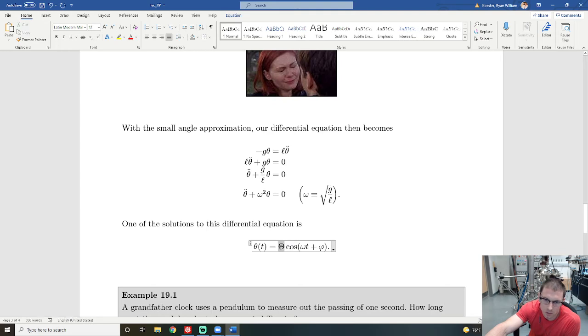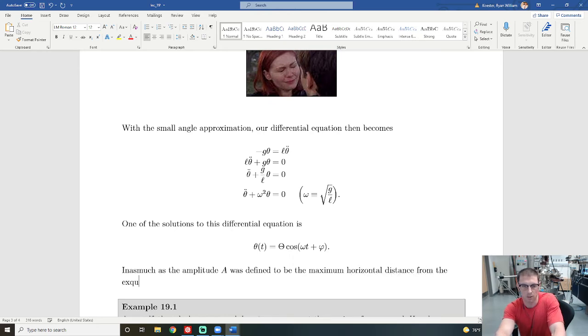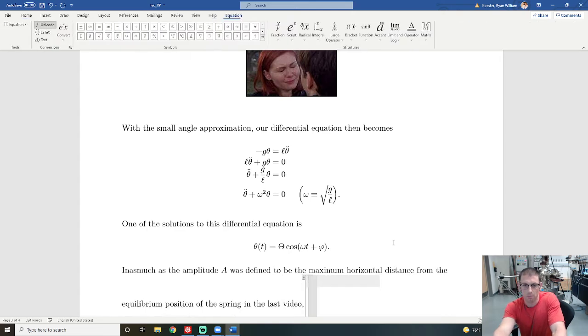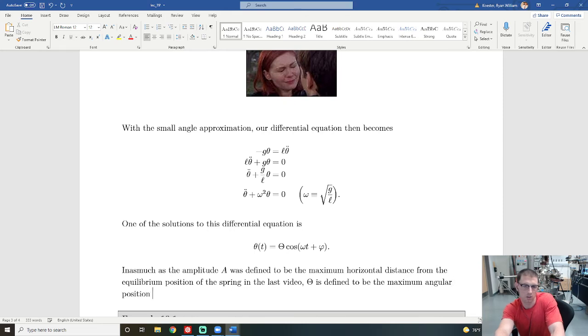In as much as the amplitude, remember this was A, was defined to be the maximum horizontal distance from the equilibrium position of the spring in the last video, this big theta, this capital theta, is defined to be the maximum angular position for the simple pendulum.